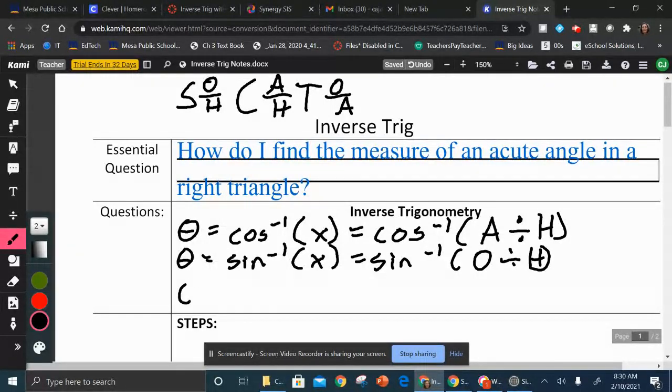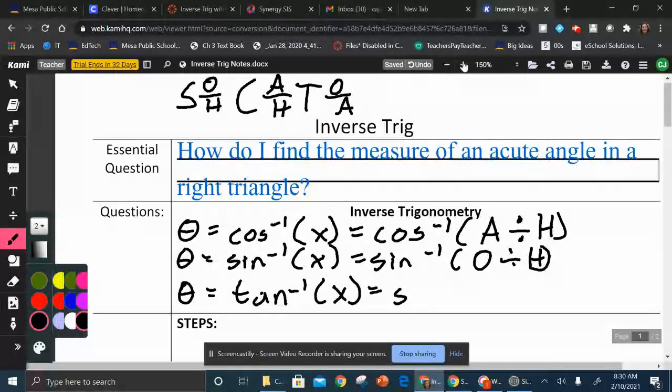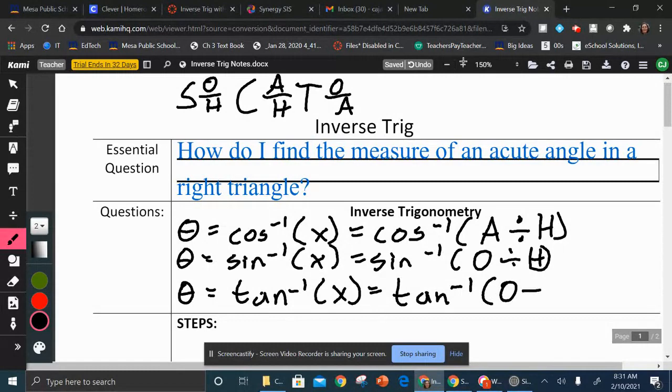Okay, and then tangent, so our inverse tangent, I keep writing sine. Inverse tangent is opposite divided by adjacent. Okay.